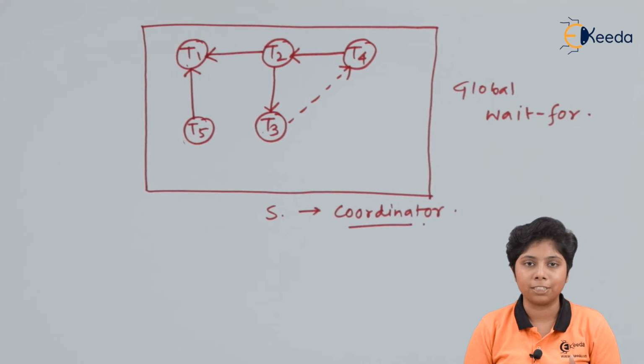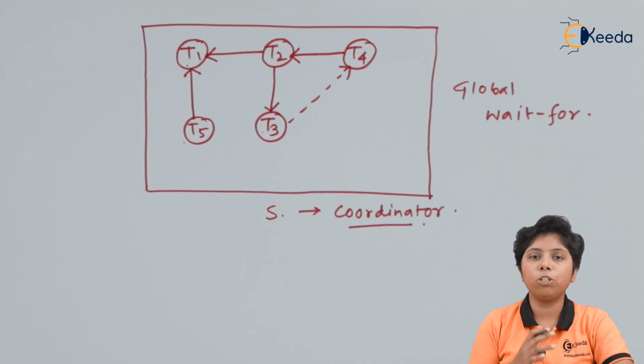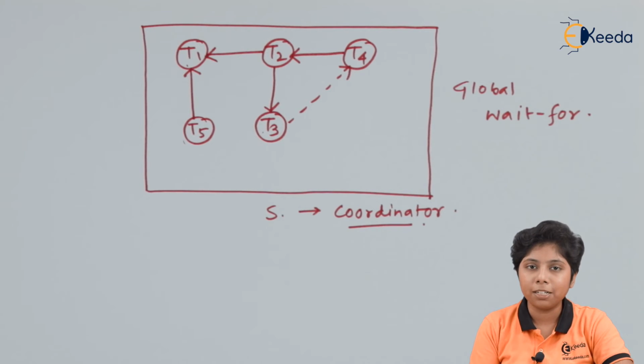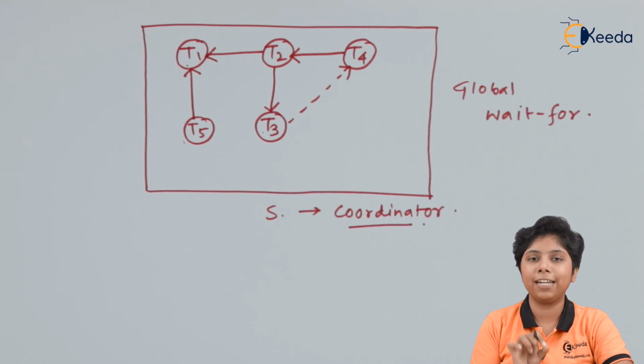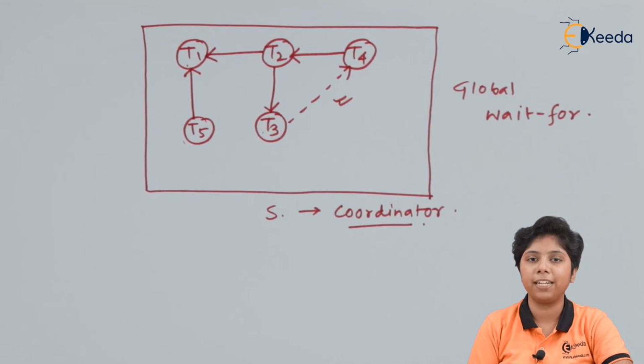Now we need the coordinator to generate the graphs as smoothly as possible so that they are correct. What do we mean by producing correct graphs? That whenever there is deadlock detection in this type of global wait-for graph, the cycles correctly indicate actual deadlocks.